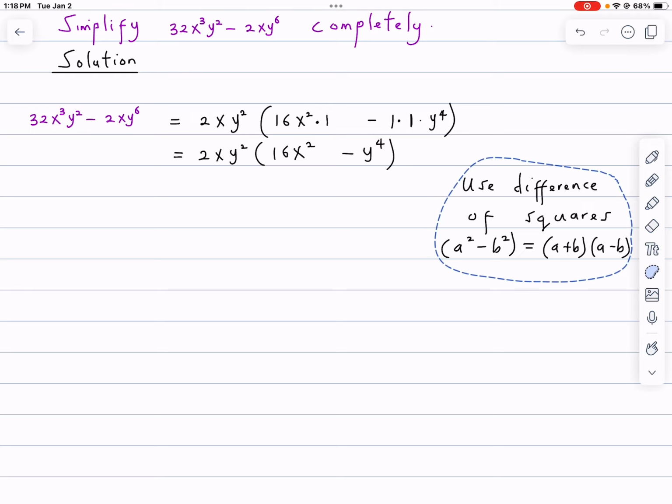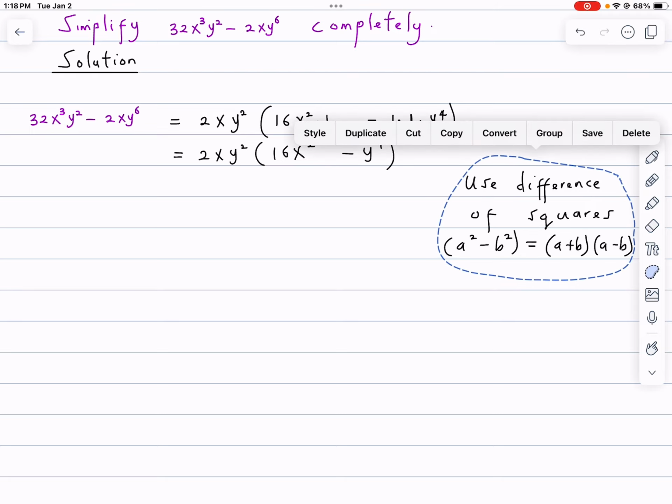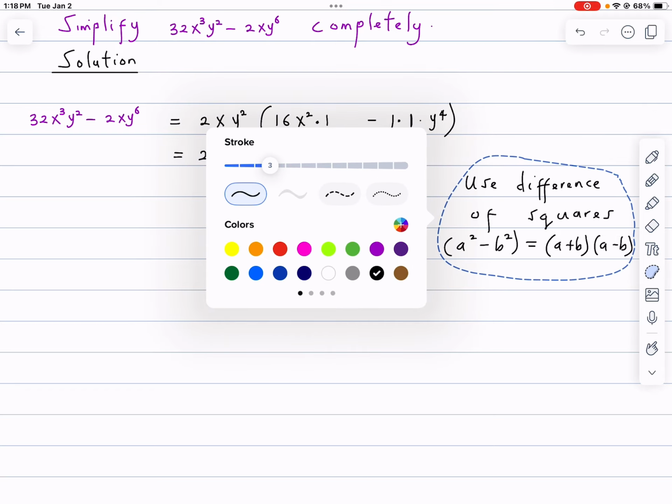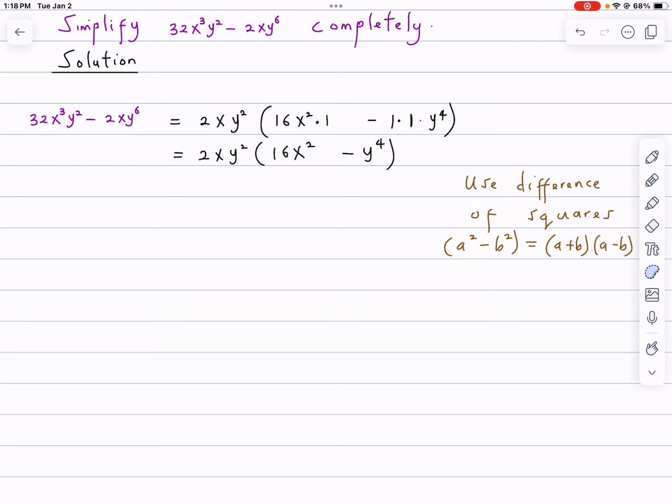So I'm going to put this in a different color. Okay, so we can use the difference of squares. But to use the difference of squares, I need to rewrite that expression in parentheses in a form that looks like the difference of squares. So how can I rewrite that?